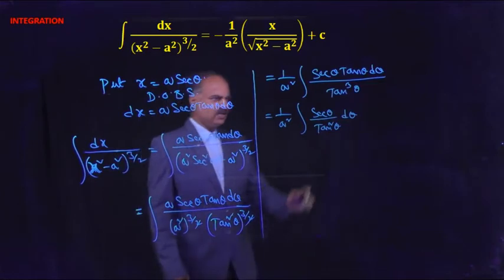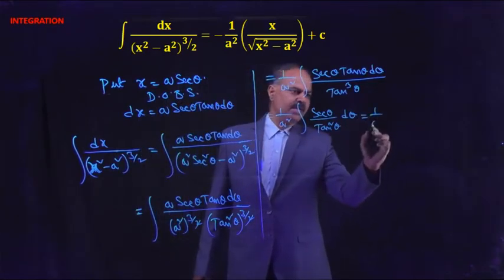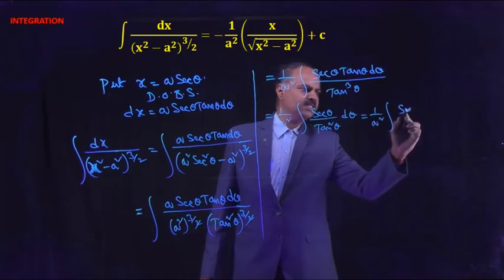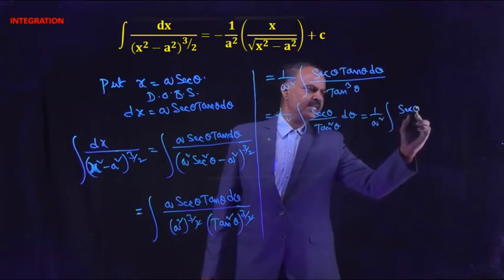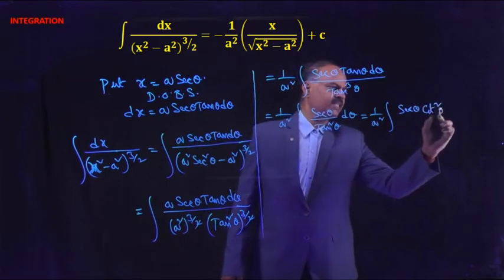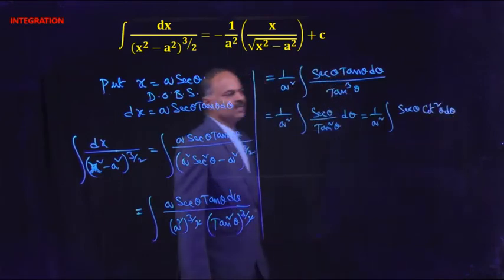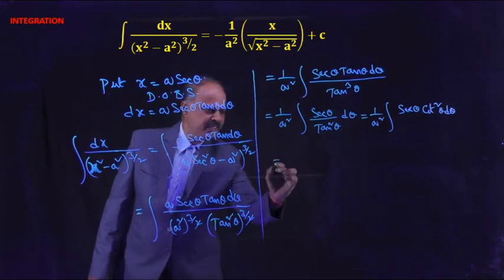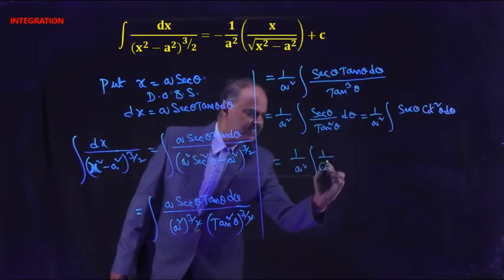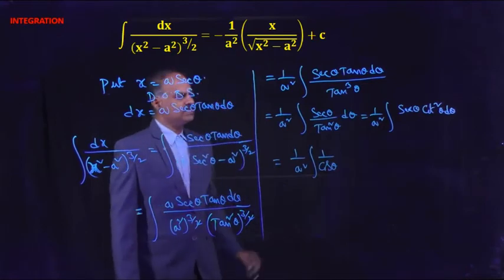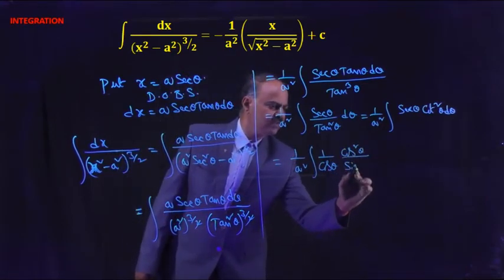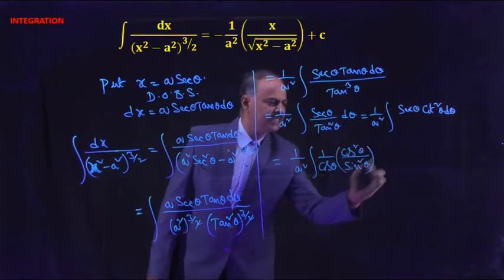Now this equals 1 by a square into integral secant theta into cot square theta into d theta. Now this equals 1 by a square into integral 1 by cos theta into cos square theta by sin square theta into d theta.